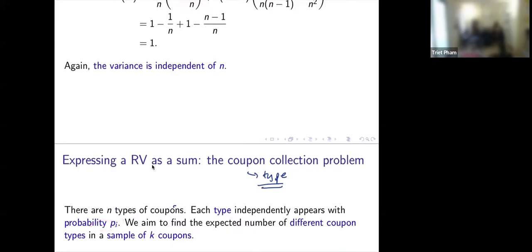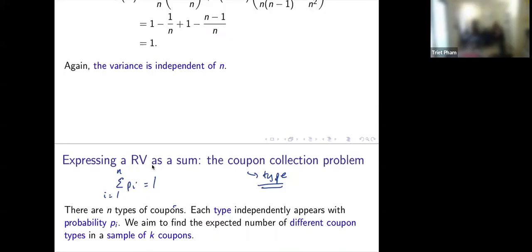Of course, the sum of the pi from i equals 1 to n is equal to 1. This should remind you of the multinomial random variable.